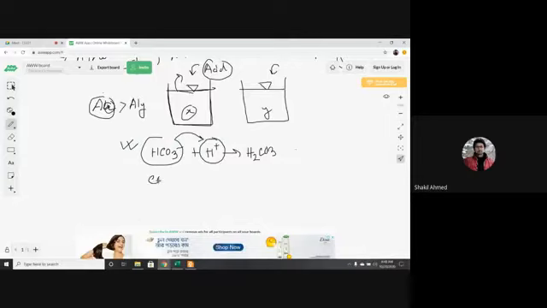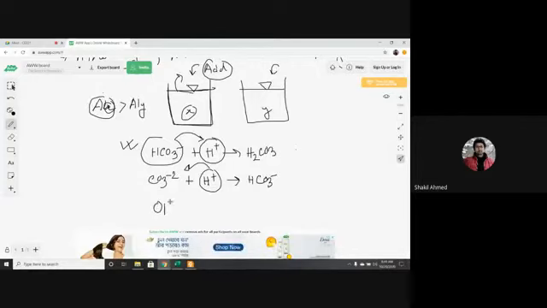Again, carbonate ion. This can again take hydrogen ion, absorb it or neutralize it, and produce HCO3 minus.